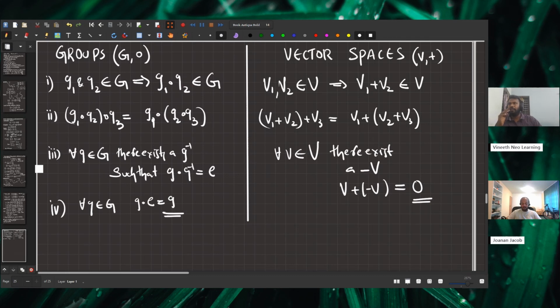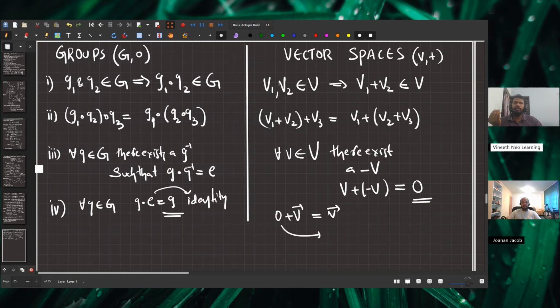That is the existence of identity. This is the identity element. Here also the condition is the same: that identity is the null vector, because 0 plus any vector will always give that same vector.